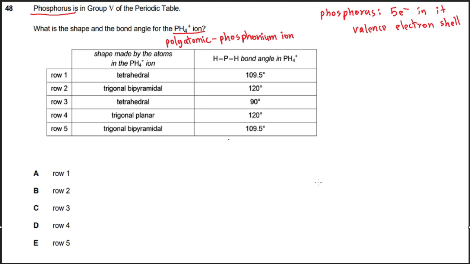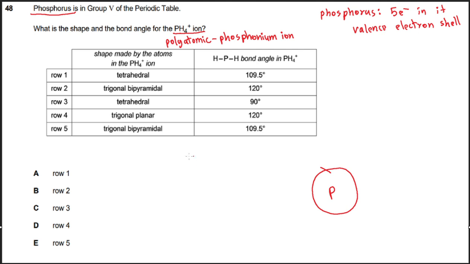So now we must construct the dot and cross diagram for the phosphonium ion. Let's do it. We know the phosphorus atom is going to be the central atom. So I'm going to draw the phosphorus atom here and its outer valence electron shell. So 5 electrons.